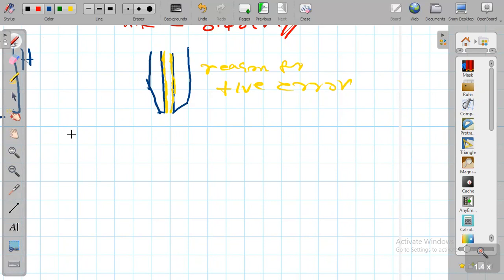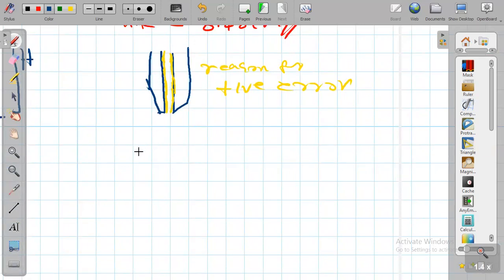Reasons for negative error might be manufacturing error or wear off of parts in the vernier caliper, like what?